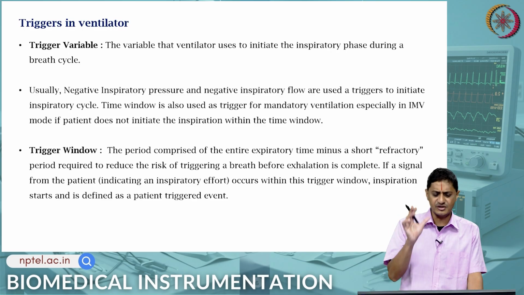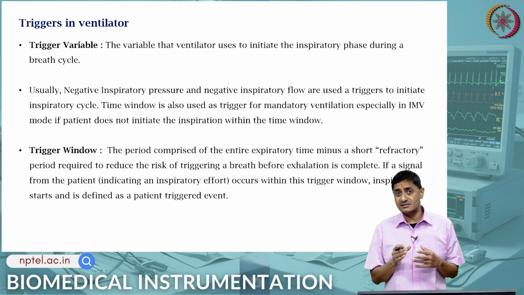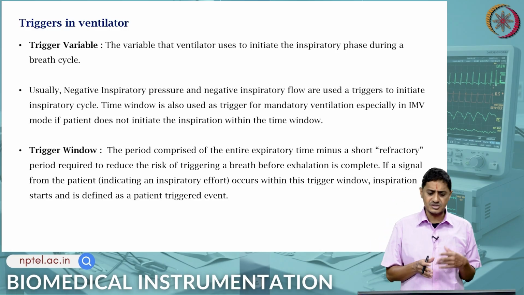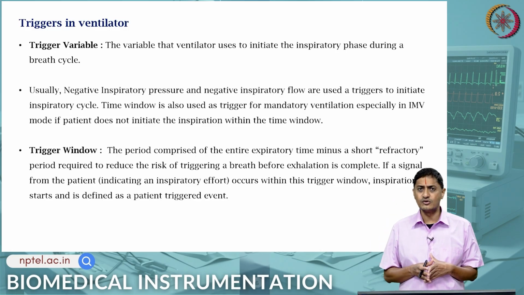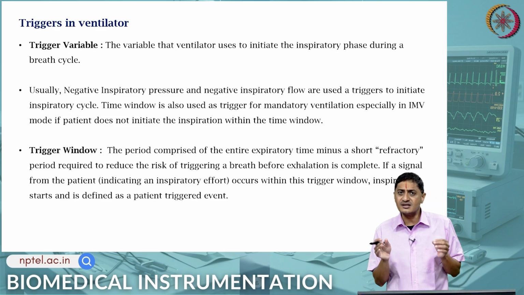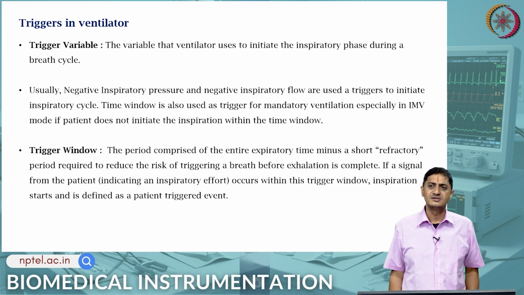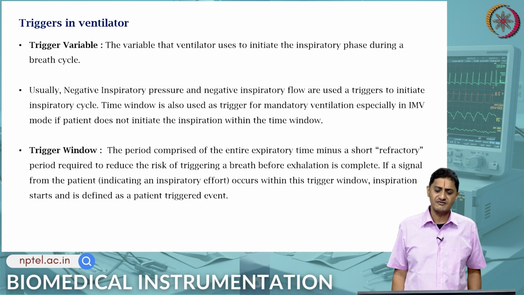There is also a time window that is used as a trigger for mandatory ventilation. So, there may be negative inspiratory pressure and negative inspiratory flow, but the patient is not breathing. Then the system waits for a given time, after which it takes over and provides a mandatory breath, especially in intermittent mandatory ventilation mode.